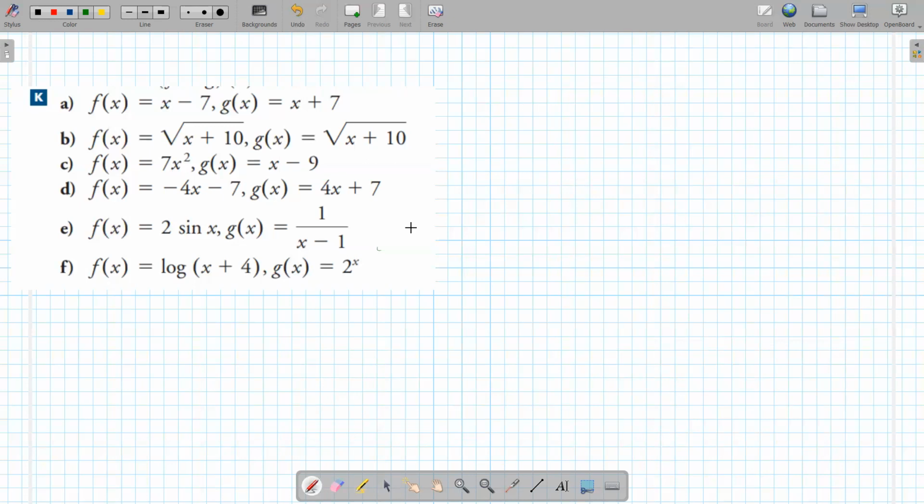It's valid everywhere. Same thing with the linear, x minus 9. It's valid everywhere. So the domain will be x is an element of the reals for the combined function, okay? The answer is exactly the same for D. What's the combined domain for D? x is an element of the reals. Yep, done.